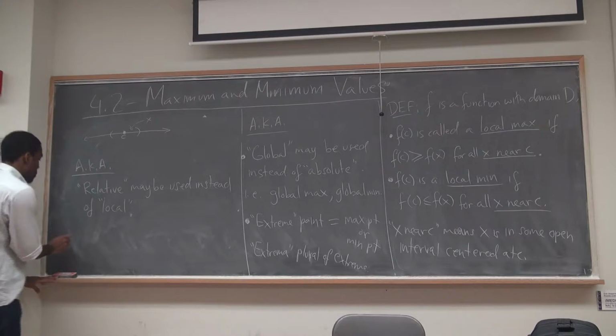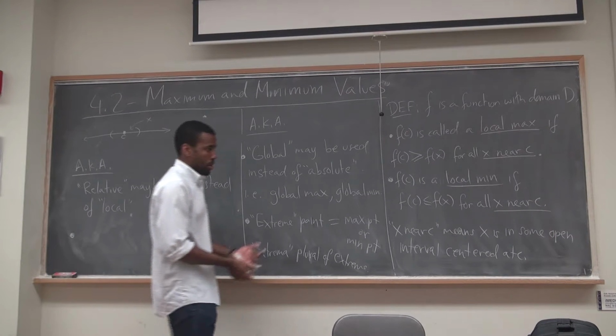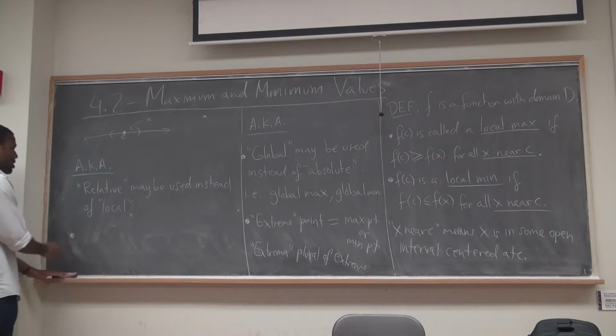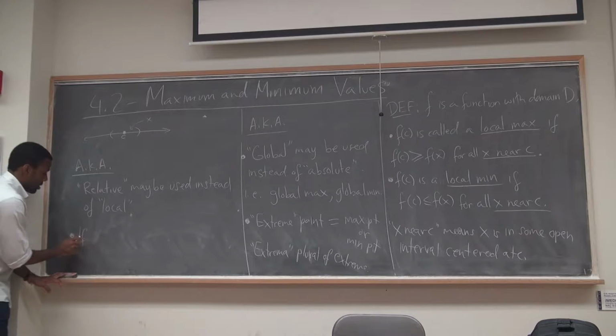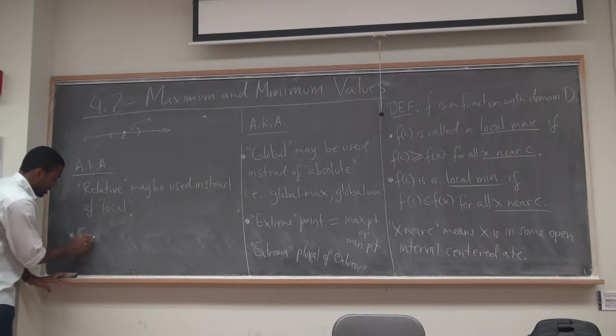It's bad taste, but if they neglect to say which kind of maximum or minimum they're talking about, whether absolute or local, people usually refer to the local for some reason. It's very common. It's not right, but it's very common. So I think I should tell you about it.